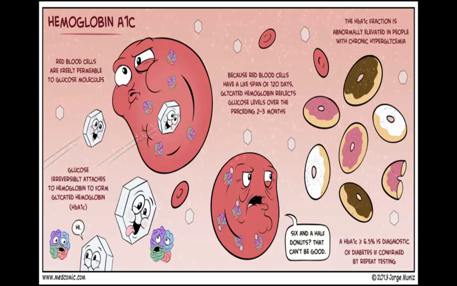So even if the patient is non-compliant, or if they want to tell you, no, I'm doing the diet, and you want to really check if this is true, you should do hemoglobin A1C, because the glucose remains glycosylated in the erythrocyte for 2 to 3 months, and it would tell you the most accurate value.